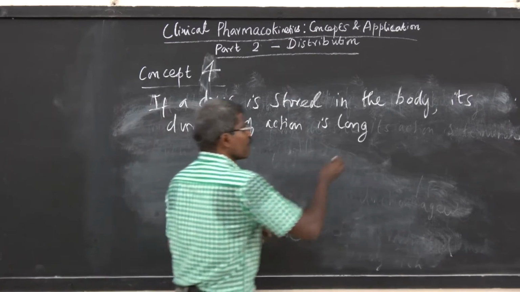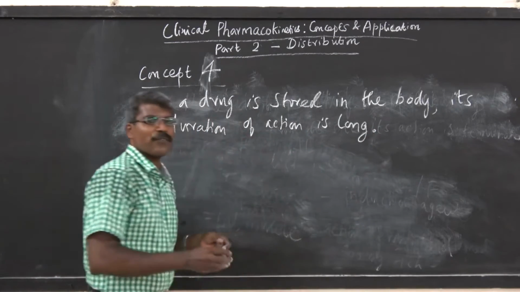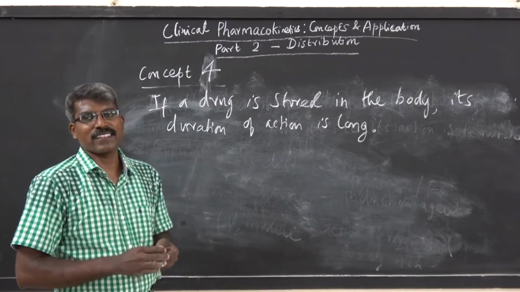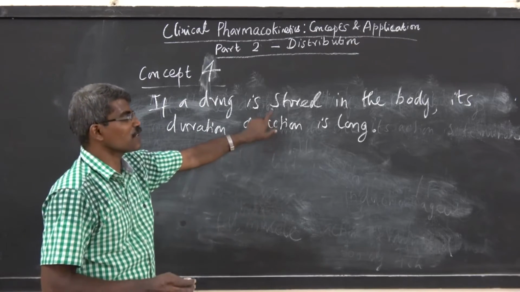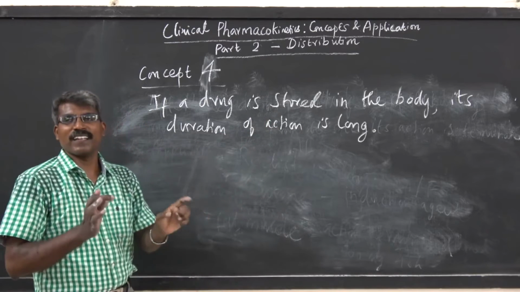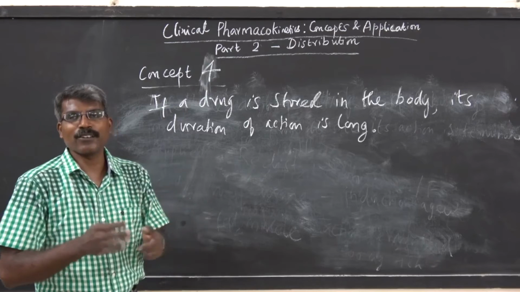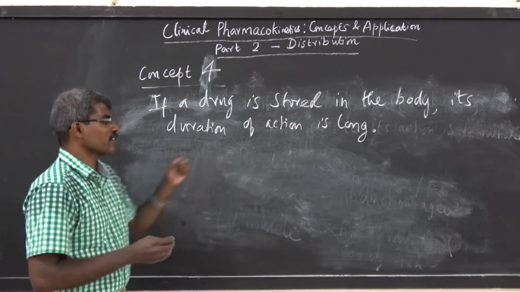We can put it in that way also, because the T-half is one parameter which dictates how long the drug acts. But that's an exception. So if a drug is stored, then if we have an idea about elimination T-half, it will not give you an idea about the duration of action.